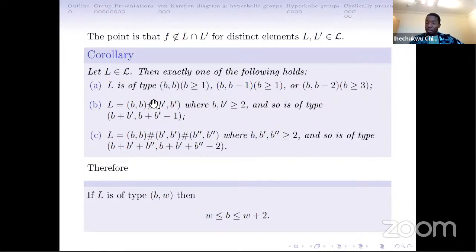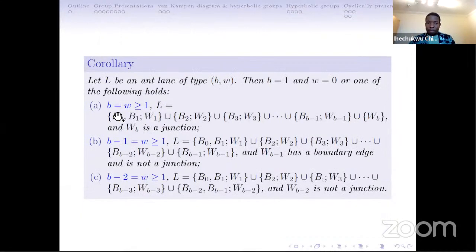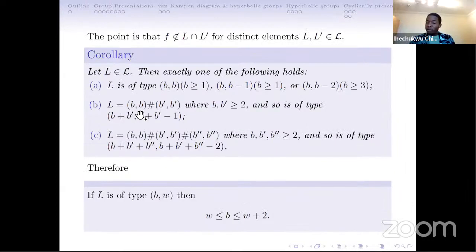Remember, you can only glue things when they have a junction. And so when there's a junction, the number of black faces and the number of white faces are the same. So when I glue them together along the junction, I lose one white face. This is why this is now B minus 1. And when I glue three things together, I'm losing two white faces. This is why I have minus 2.